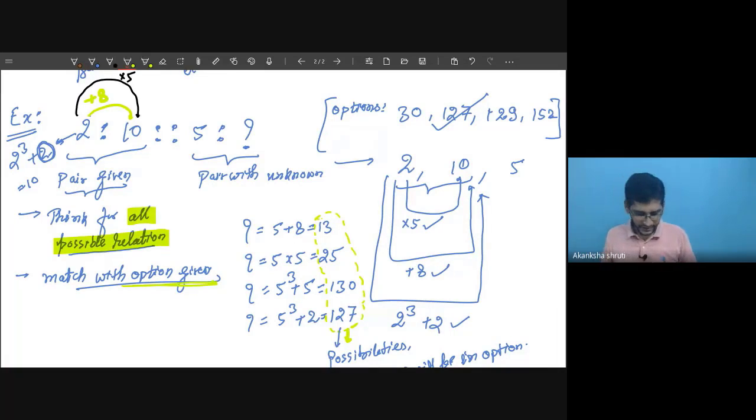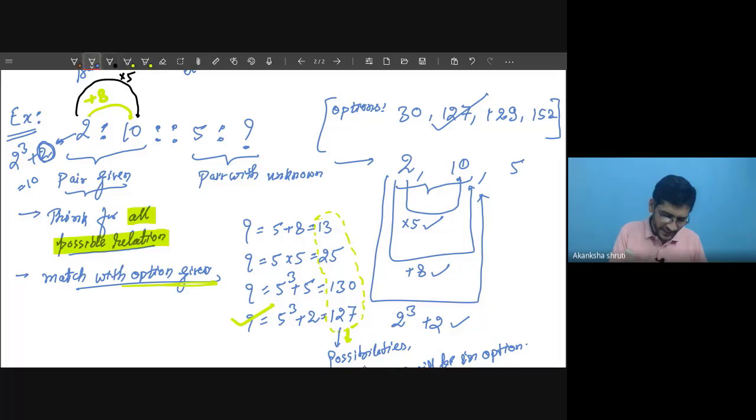Whatever possible relation you are searching, based on that you have to calculate the unknown and match it with the option. So that will be the only answer. Though in this case, whatever example I have taken, the various possibilities may be 13, 25 or 130, but none of these are given in the option. And finally with the other relation, say n cube plus 2, we are getting the answer.